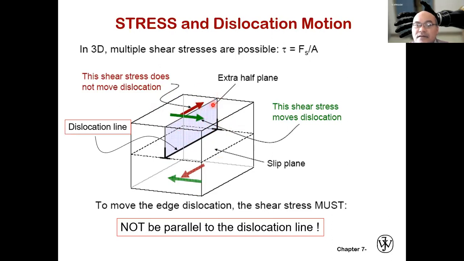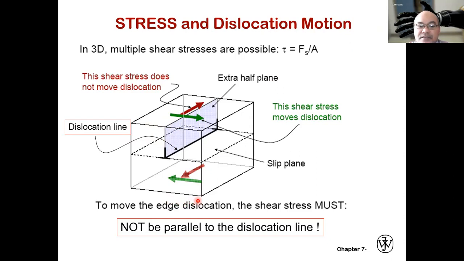However, only when we apply shear stress that is perpendicular to that dislocation line will the plane shift and move, which will make dislocation motion occur. And eventually, if it goes to the edge of that material, we will have deformation. Okay.